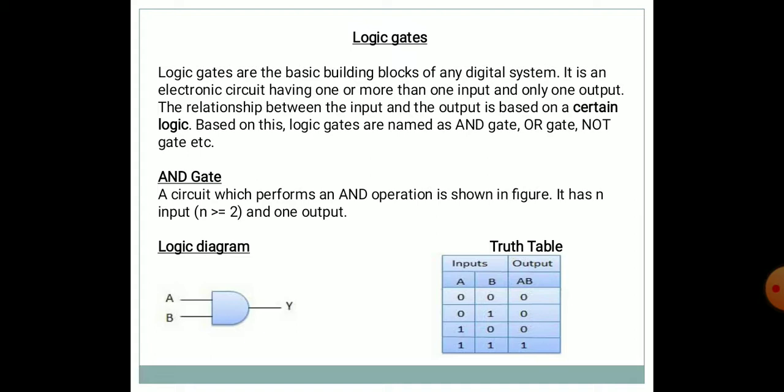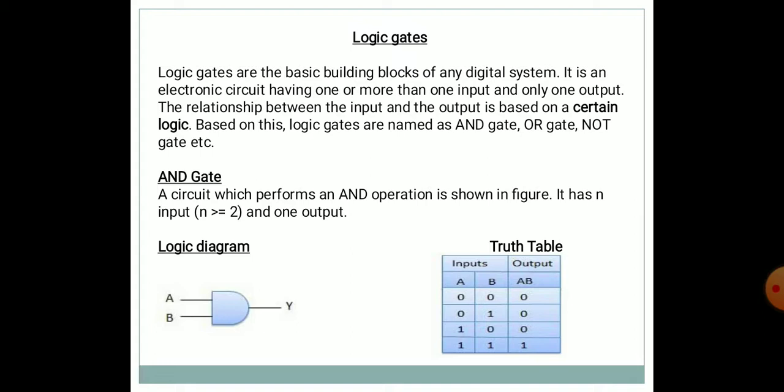A Boolean operation is an operation that takes values that are either true or false and then outputs true or false based on a logical manipulation of those inputs. So the result could be only true or false, that is, only 1 or 0. In logic gates, we consider 1 to be true and 0 to be false.